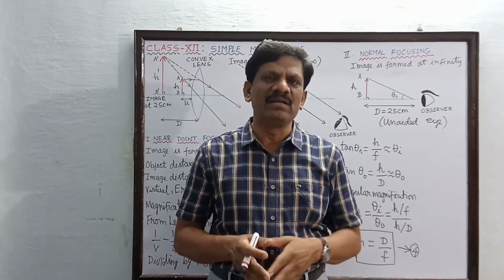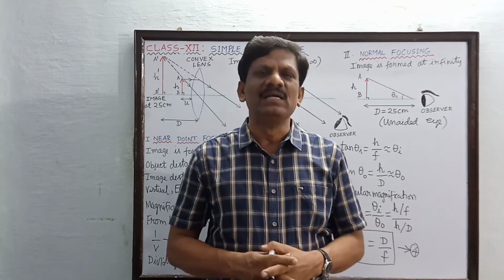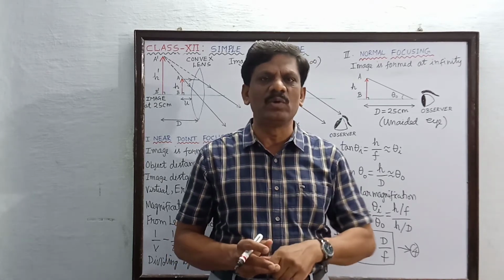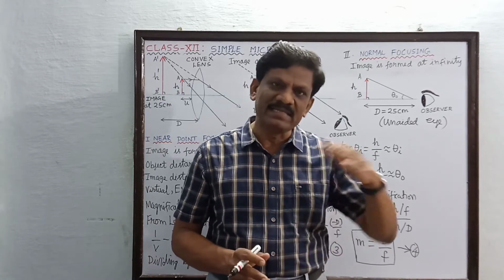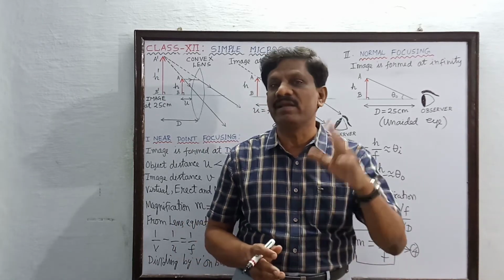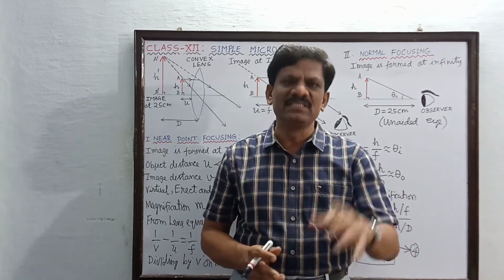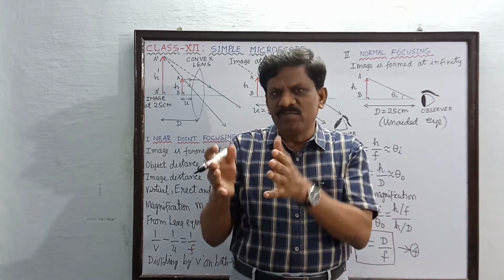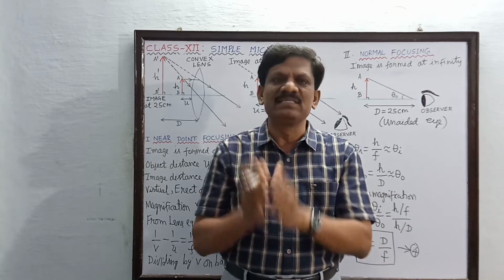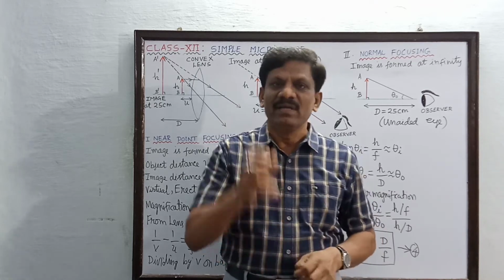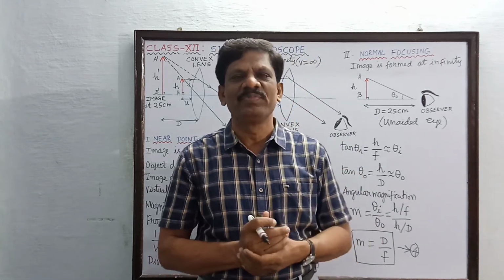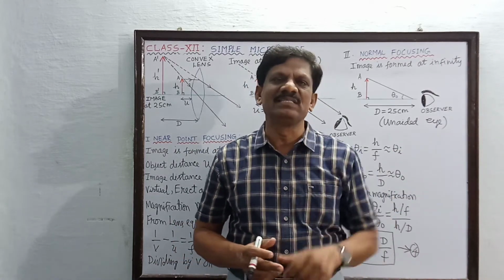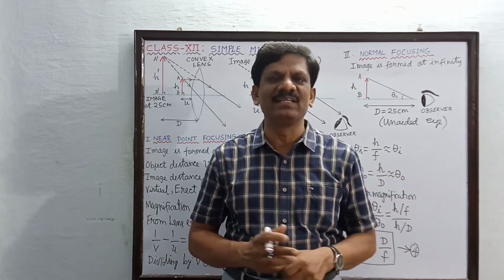The first one is called near point focusing, where the image is formed at the near point D equal to 25 centimeter. The second type is called normal focusing, in which the image is formed at infinity. For near point focusing, the object distance u must be less than the focal length, whereas in normal focusing, the object distance is equal to the focal length.